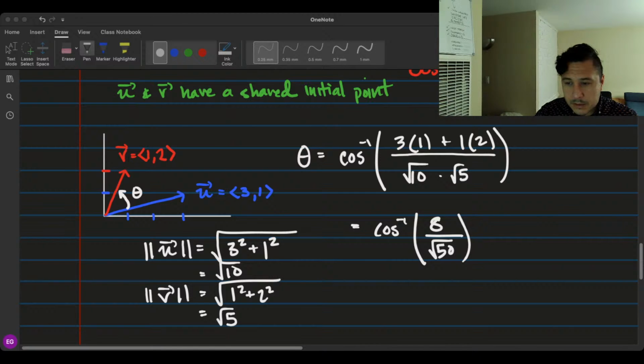Why is this not giving me a number? Sorry, my calculator's not giving me the result. Okay, what mistake did I make here?